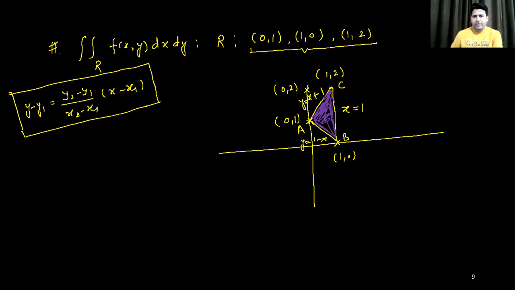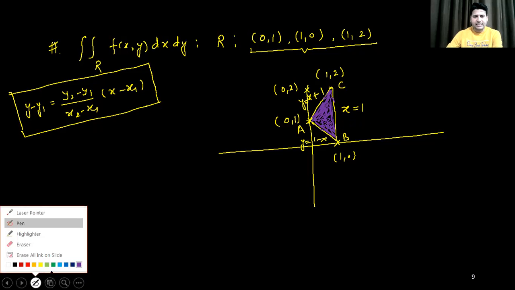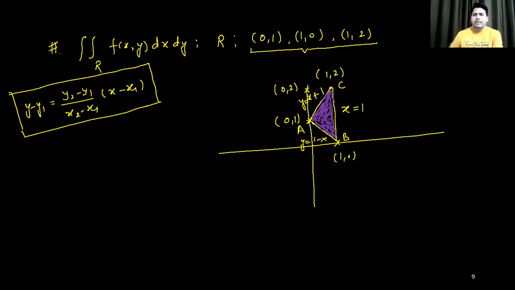Now just try to understand, students. If I take a strip parallel to the x-axis, suppose the strip is taken over here, you can see the starting of the strip is the line AB and it terminates on the line BC.